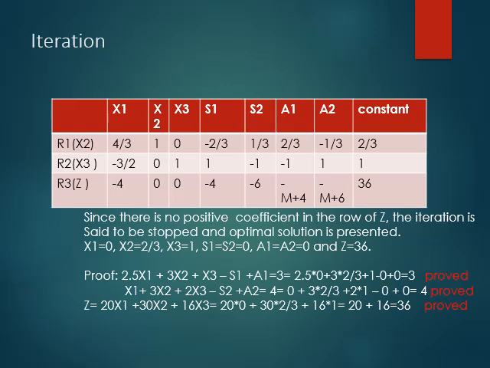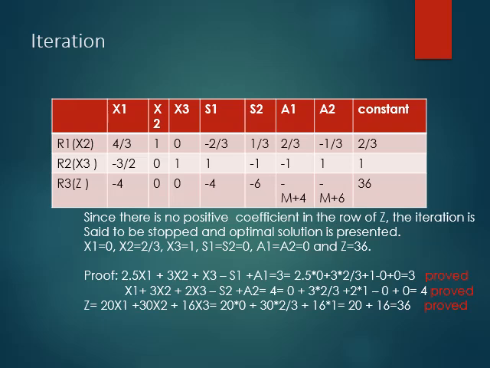There is no x1, that means 2.5 times 0 plus 3 times 2 over 3 plus 1 plus 0 plus 0 equals 3. Correct, proved. The next constraint is x1 plus 3x2 plus 2x3 negative s2 plus a2 equals 4.